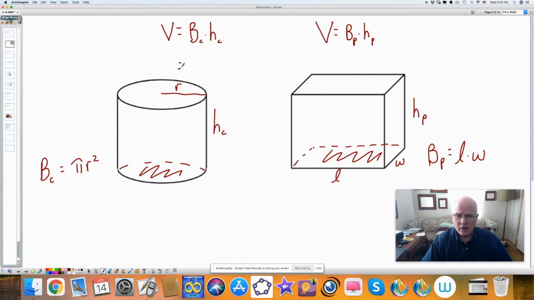The base is pi r squared times its height. For this one, it's length times width times height. So what do you need to be able to solve this? You need the radius and the height, or the length, the width, and the height. Or you could take the area of the base of either one of these times its height, and that will get you the volume.